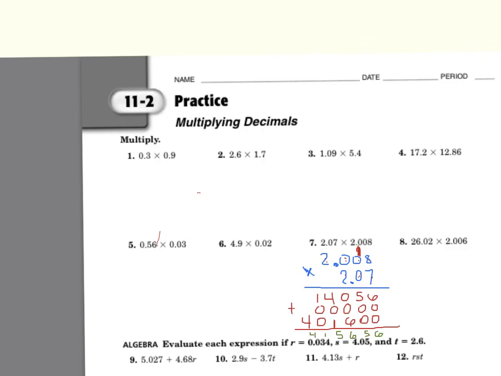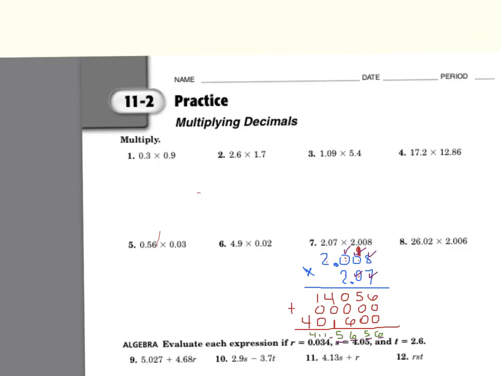There's 1 decimal number, 2, 3, 4, 5. Okay, those are all the digits that are after the decimal, so I should have 5 in my answer. So where would I put it so that I have 5? There's 1, 2, 3, 4, 5.